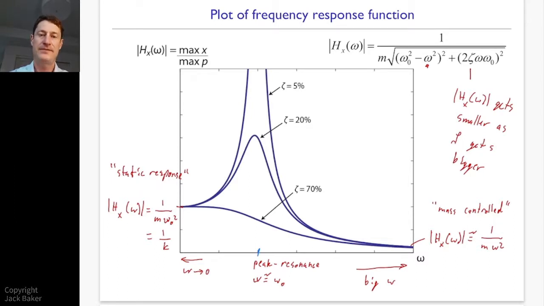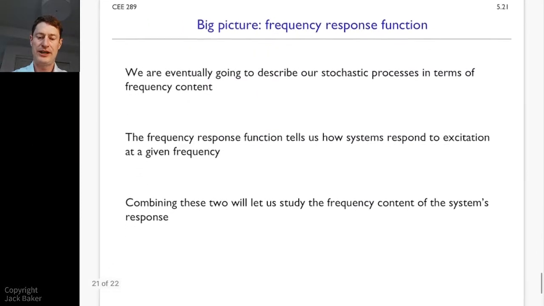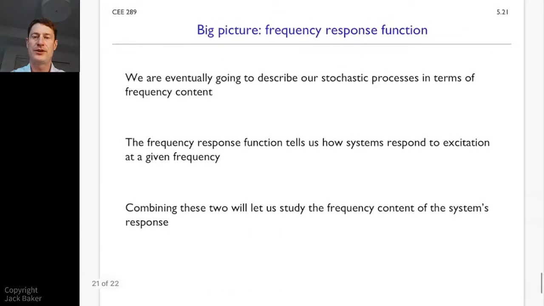And here's our formula, and we've talked through how we might derive that frequency response function. We could derive a similar frequency response function for a different differential equation if we wanted to. Big picture, heading towards stochastic process analysis, we're going to take that f of t and make it stochastic, but then describe it in terms of its frequency content rather than its variation as a function of time.